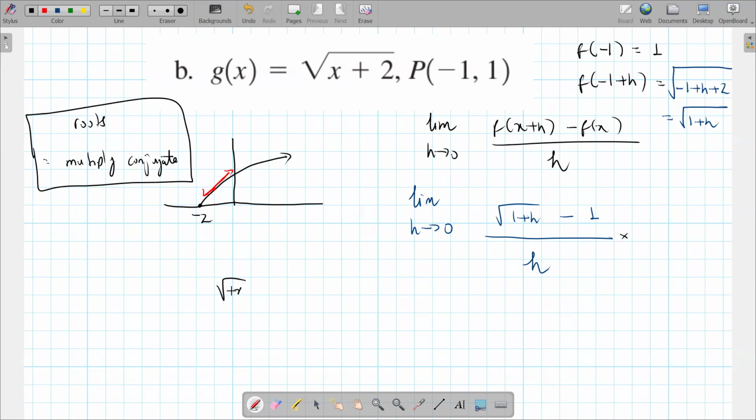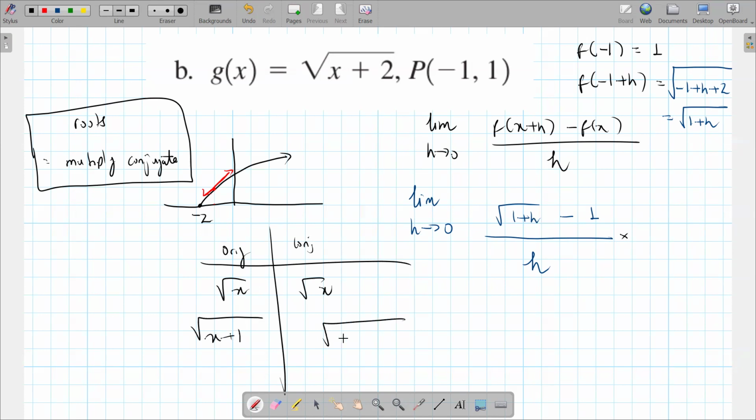The conjugate of root x is root x. Original versus the conjugate. The conjugate of root x plus 1, well, it's itself. But the conjugate of square root of a plus square root of b is square root of a minus square root of b. The sign in the middle flips.